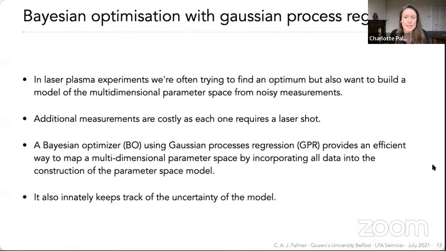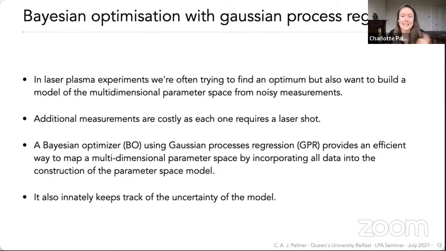The reason that we're using that is typically in laser plasma experiments, we're trying to find an optimum from noisy measurements. But we're also keen to not just find some kind of optimum point, but to learn about our parameter space, and also to have an idea of the confidence that we should have in any model of parameter space that we build.